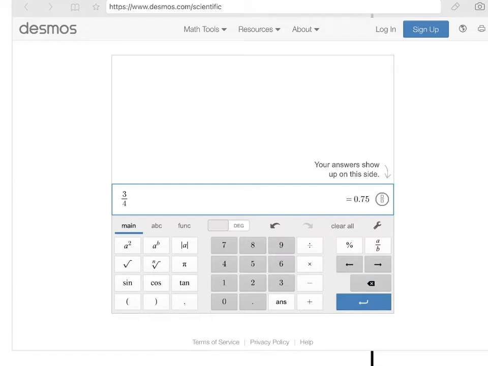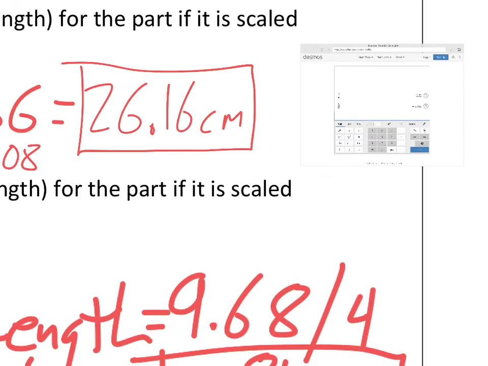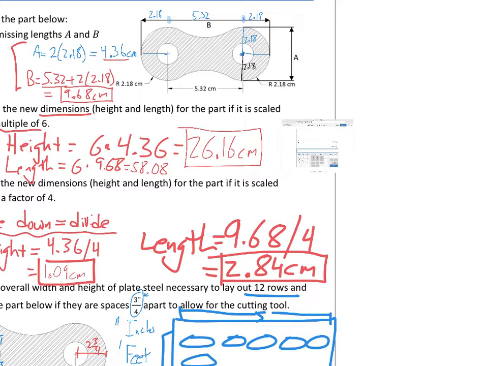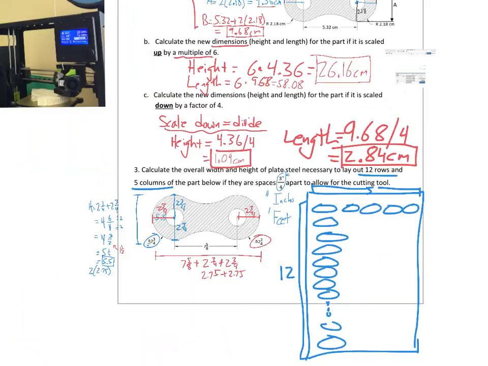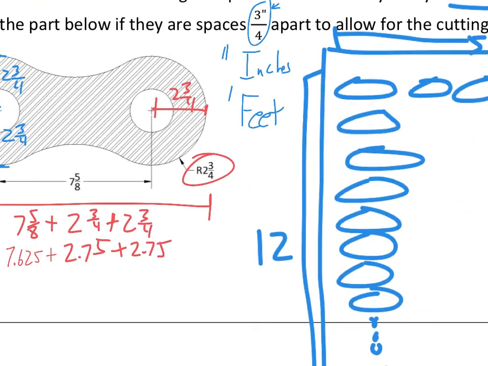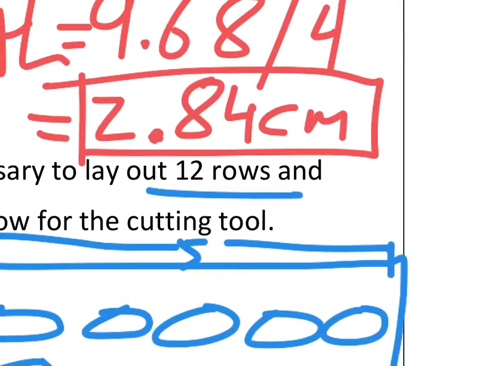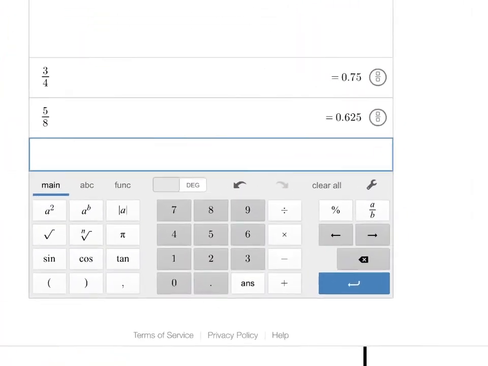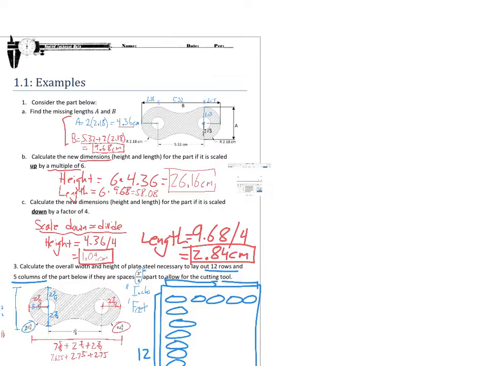5/8. Let's go ahead and do that one. So the other fraction we had was 5/8 there, all right? So 5/8 is, what did we just say? 0.625, all right? So this is 7.625. So 7.625 plus 2.75 plus 2.75. Let's figure out what that is. Oops, sorry about that.